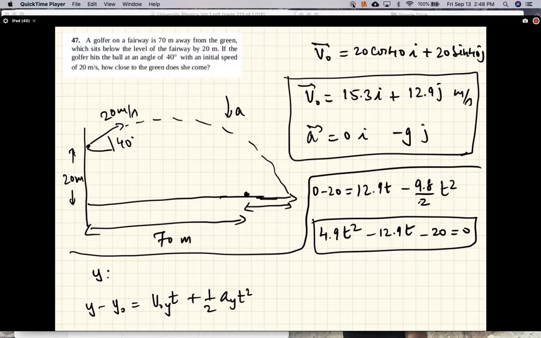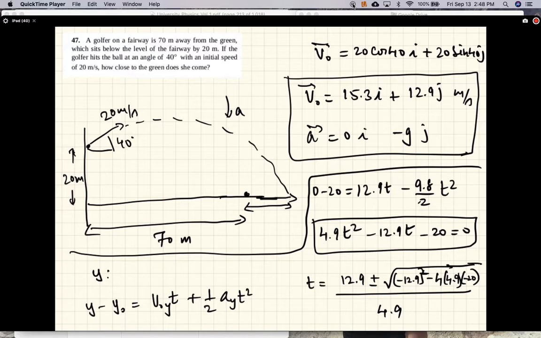And so the roots of the quadratic equation are minus b, which is 12.9, plus or minus the square root of b squared, which is minus 12.9 squared, minus 4ac, 4 times 4.9 times minus 20, all divided by 4.9.